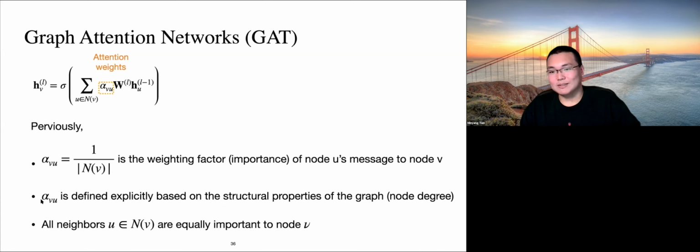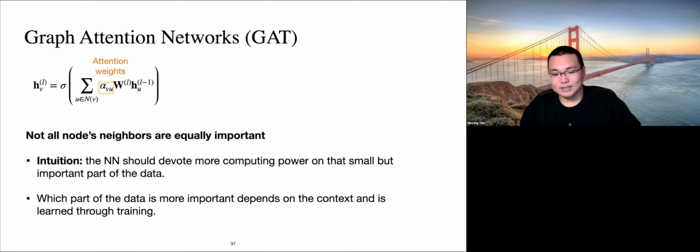But we know that's not necessarily the case. Not all of a node's neighbors are equally important. So the neural net should devote more computing power to that small but important part of the data. Which part of the data is more important depends on the context, and it is learned through training. So the attention mechanism should focus on the important parts of the input data and fade out the rest.